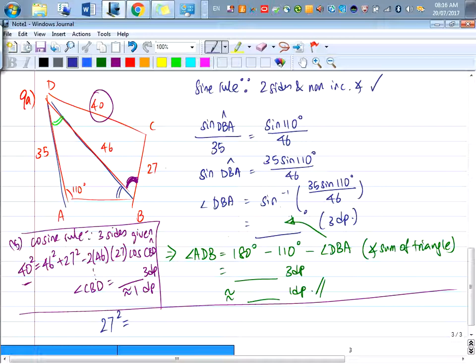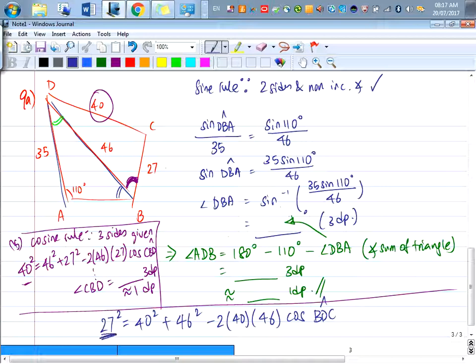Shafiq, what comes next? 40 square plus 46 square minus 2 times 40 times 46 cosine... DBC. Are you sure or not? BDC, yes.